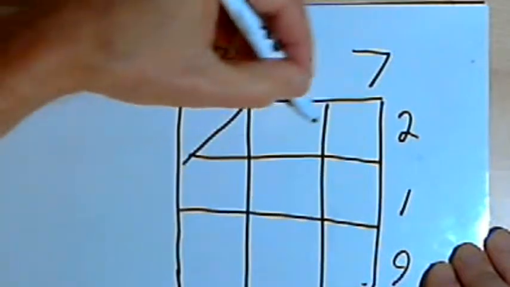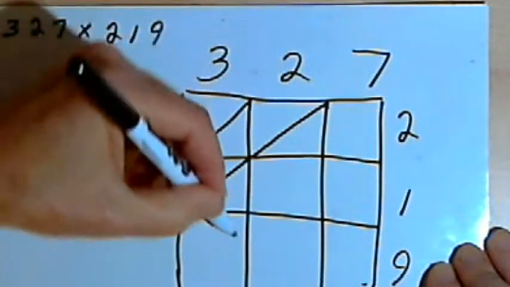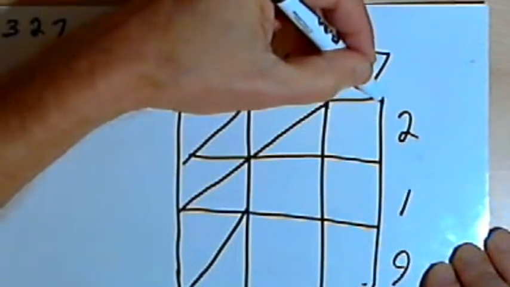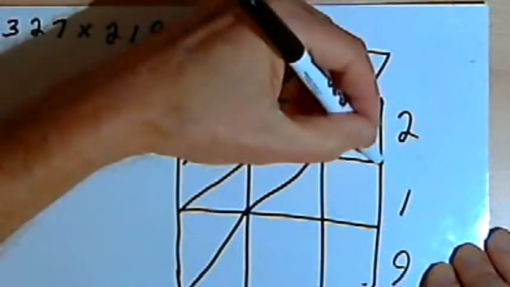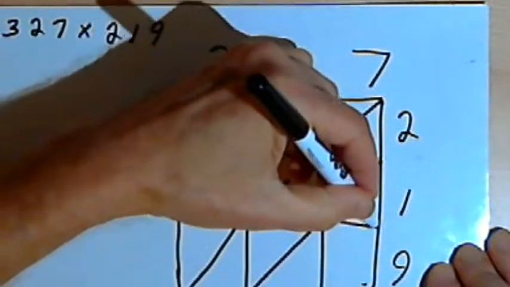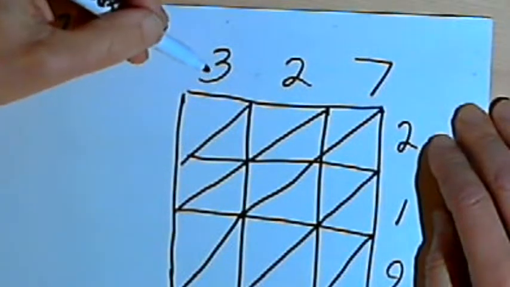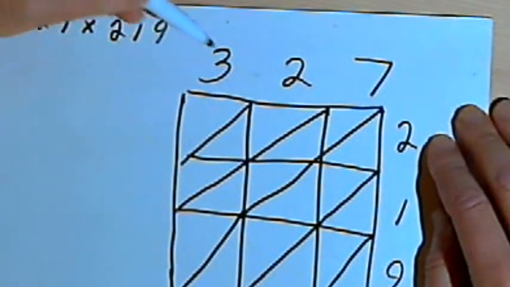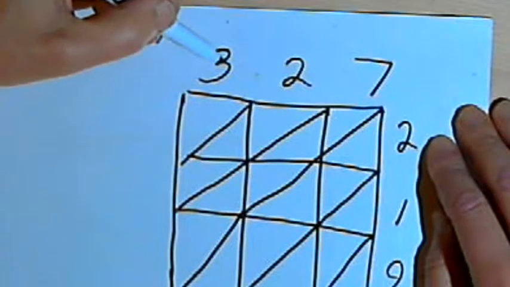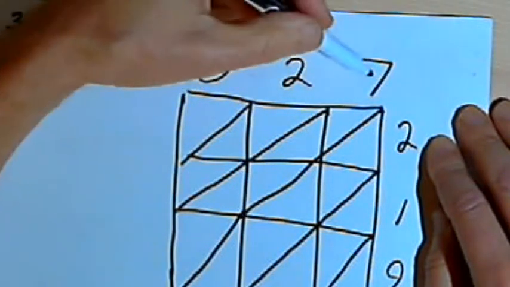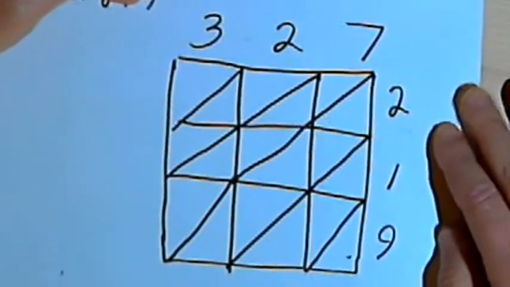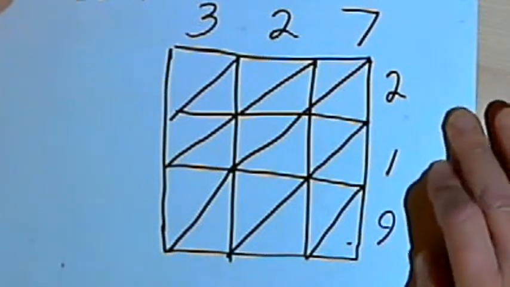I'll add my diagonals. And now I'll multiply. Again, I can multiply in any order as long as what I'm doing is multiplying every number that's in the row across the top by every number that's in the column on the side.